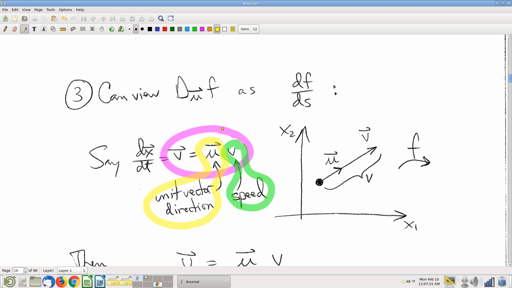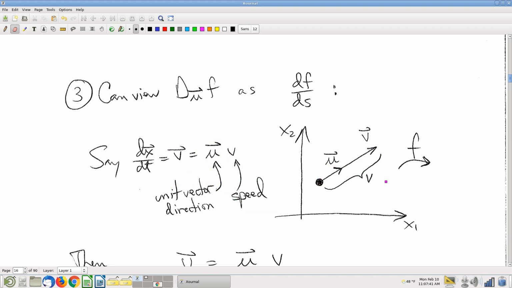So you've got a unit vector describing the direction that you're going, and then the speed is the magnitude, the speed at which you're going in that direction, and altogether, the velocity is that product.